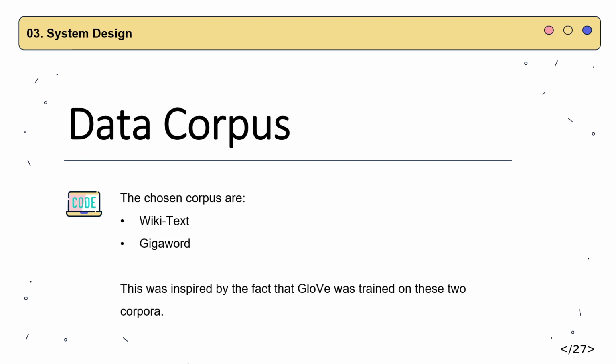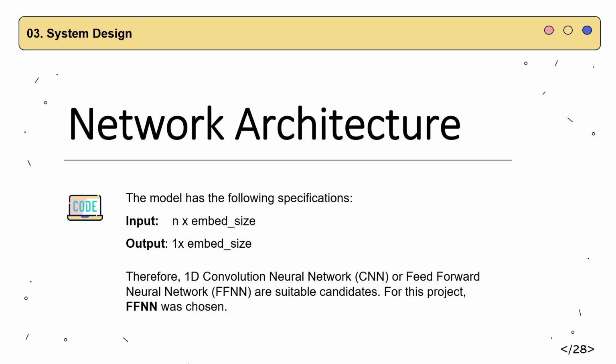For the data corpus, the chosen corpora are WikiText and Gigaword. This was inspired by the fact that GloVe was trained on these two corpora, and also remarked by Christopher Manning that WikiText is very suitable for word2vec training due to its content having a lot of explanations of words. For the network architecture, the model will have the following specification.